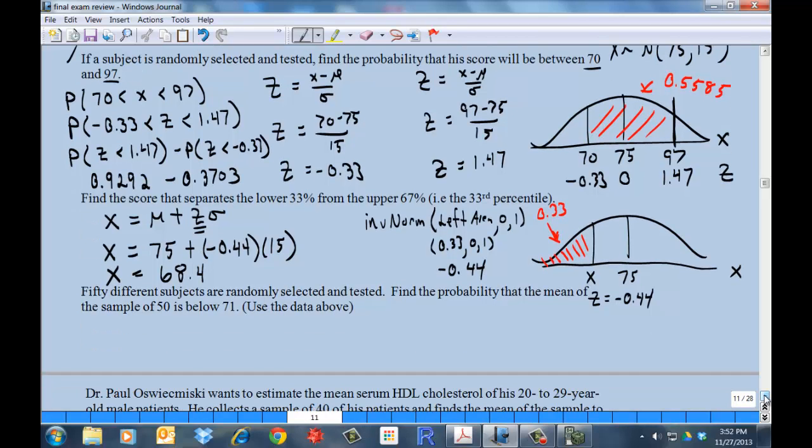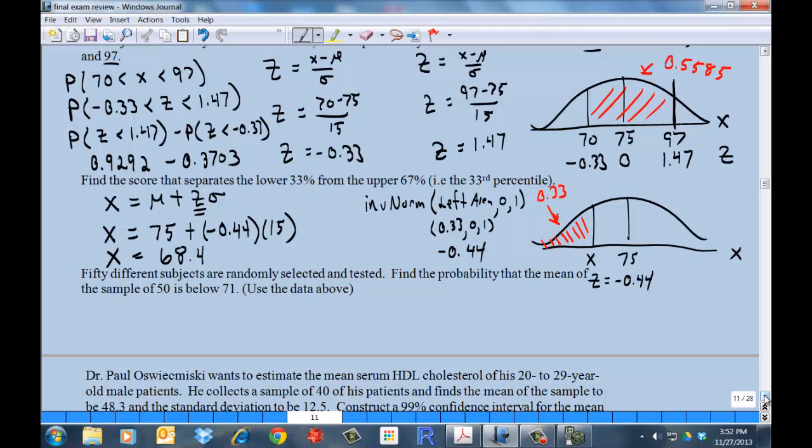Okay, the last part of this question here says 50 different subjects are randomly selected and tested. Find the probability that the mean of the sample of 50 is below 71. So the idea here is that we have this bell curve, but the variable of interest is no longer x, but it is x bar.